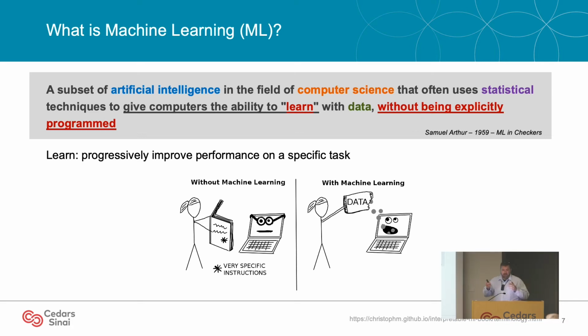The real distinction that sets machine learning apart from the broader field of artificial intelligence and computer science is that instead of programming a computer to just respond in pre-programmed ways, you have an algorithm or a piece of code that interacts with and can learn from data.